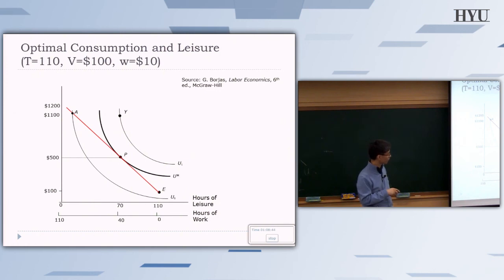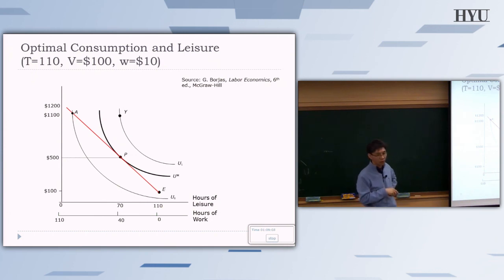In this case, this person's wage rate is $10 and non-labor income is $100.